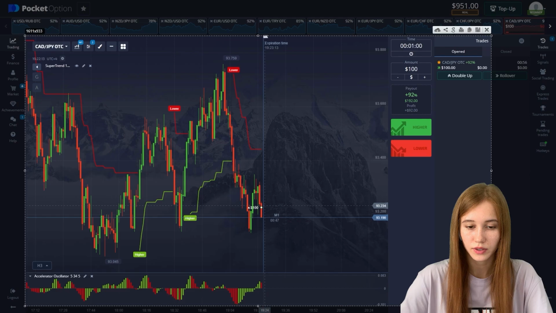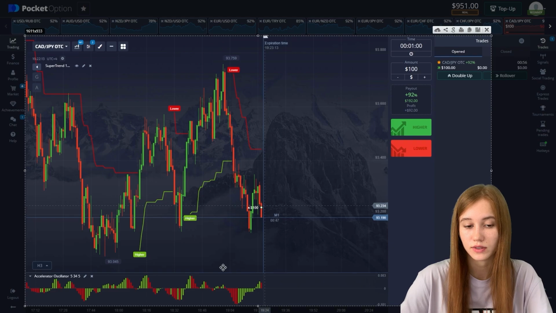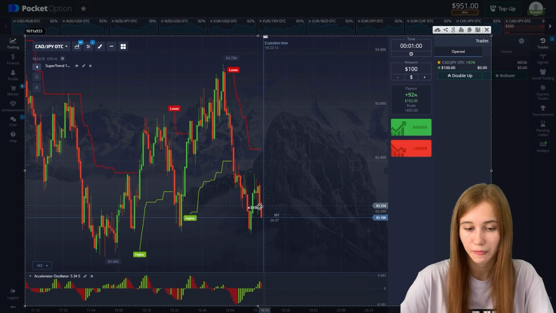So first, if we look at the oscillator, we clearly see that we have a certain period of uncertainty, although if we had entered earlier, we would have opened with a profit because we had 2 good green bars. But we didn't have time. So some corrections.